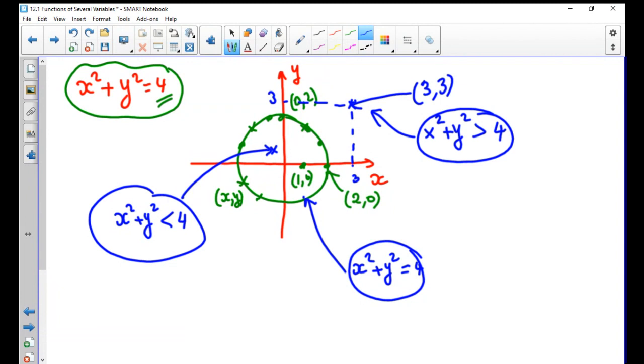Inside the circle, x squared plus y squared is always less than 4. On the circle itself, it's exactly equal to 4, and points outside the circle always satisfy x squared plus y squared greater than 4. Do you understand? That's exactly what this is telling us.